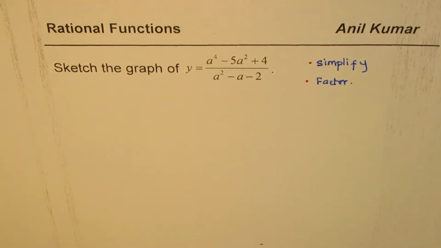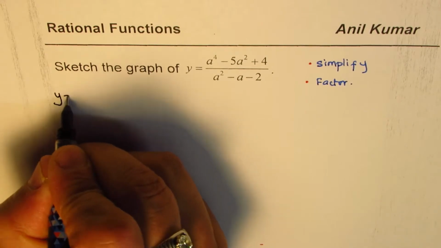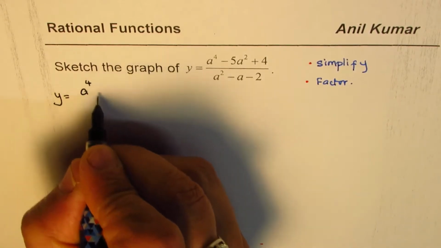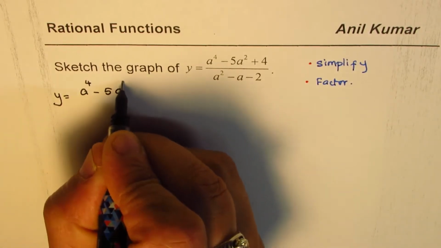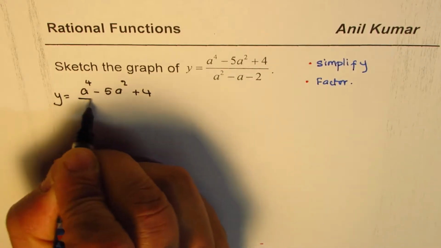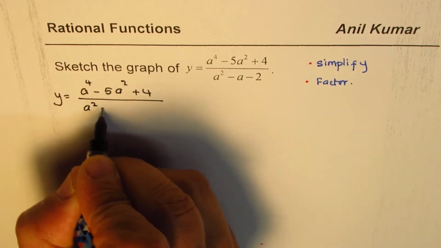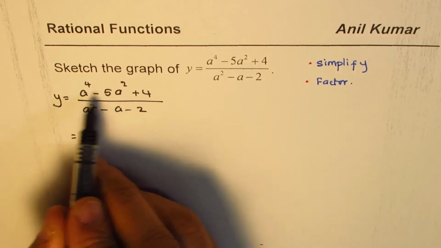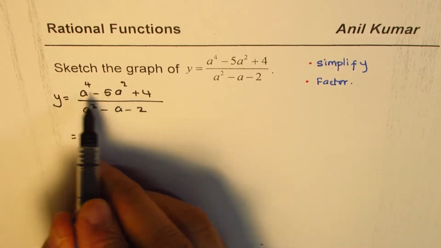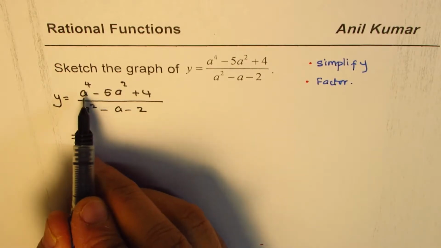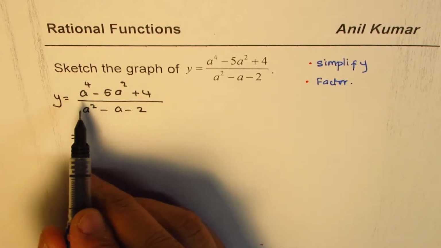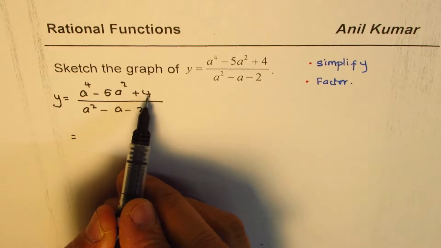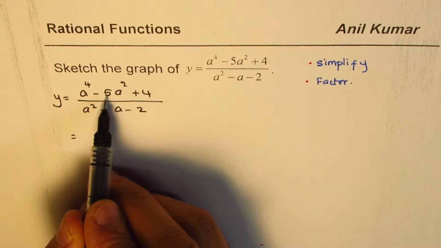So let's begin. Let's copy this question, which is y equals a to the power of 4 minus 5a squared plus 4 divided by a squared minus a minus 2. Now the numerator could be thought of as a quadratic equation, where a squared is the term. Now we're looking for a product of 4 and sum of minus 5.